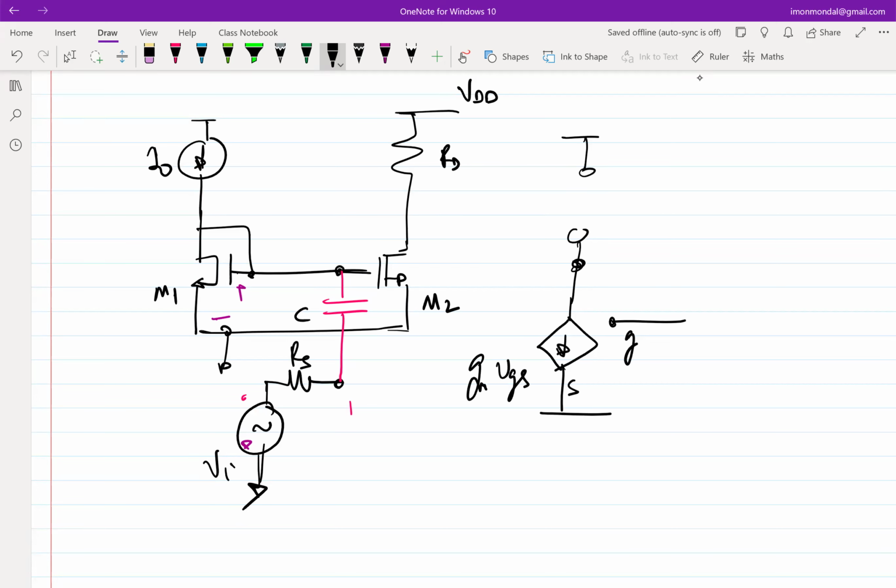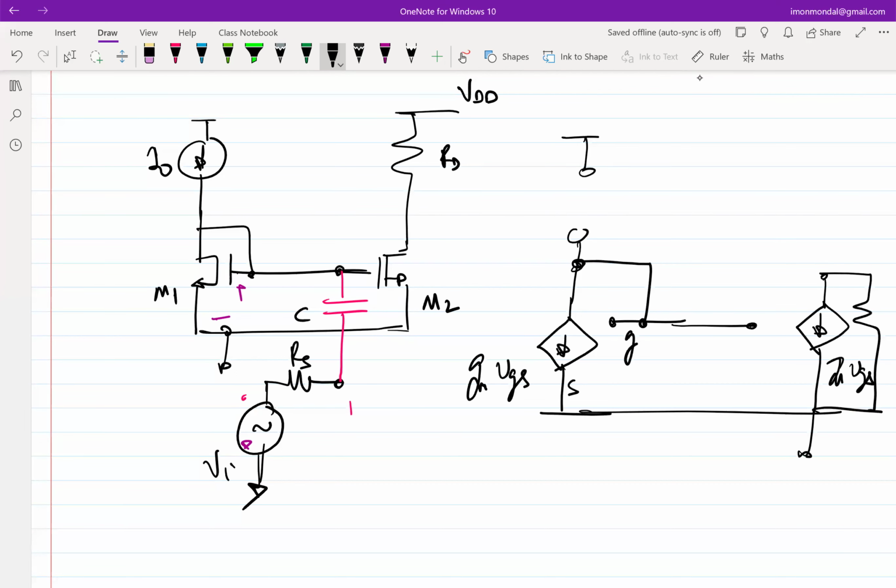Drain and the source are connected. Then there is a resistor incremental to ground, there is this capacitor, and there is a resistor RS to ground, right? I'm trying to figure out the time constant, so I don't need Vi.